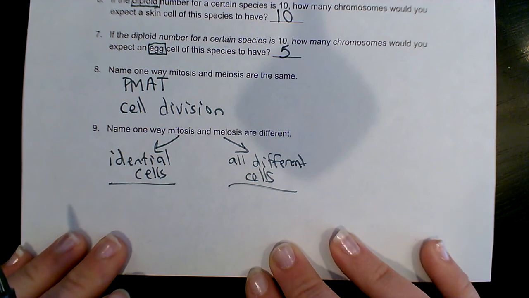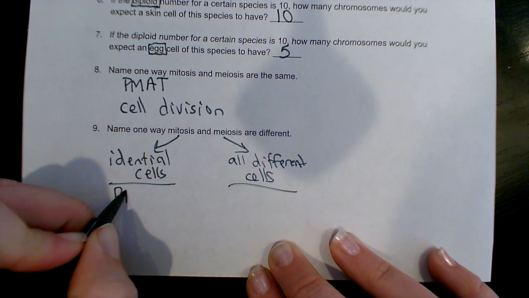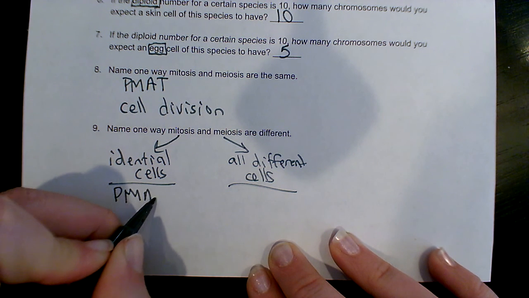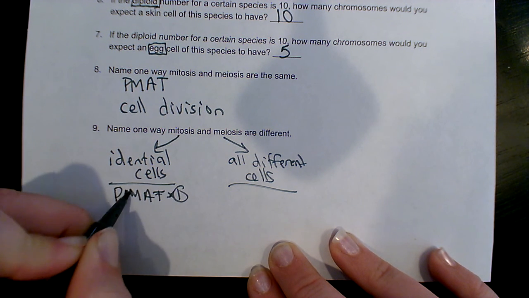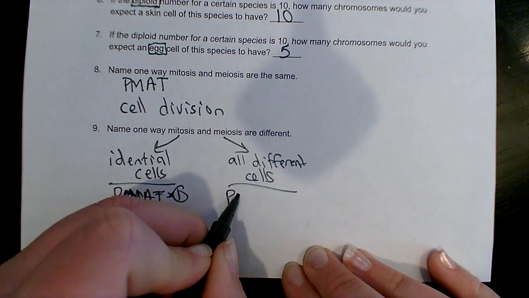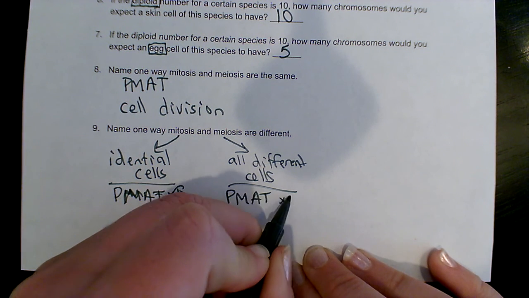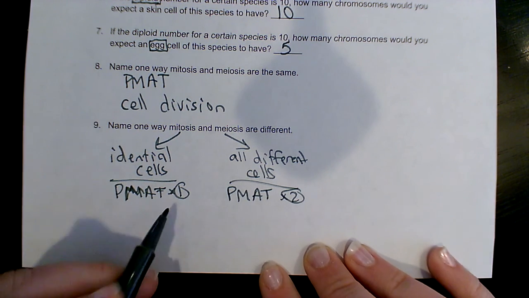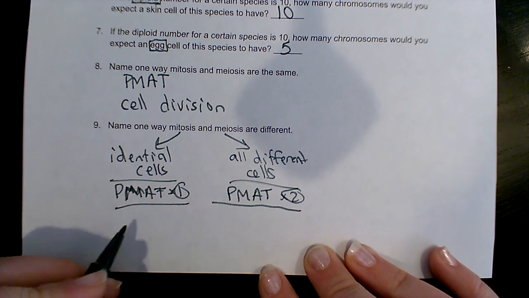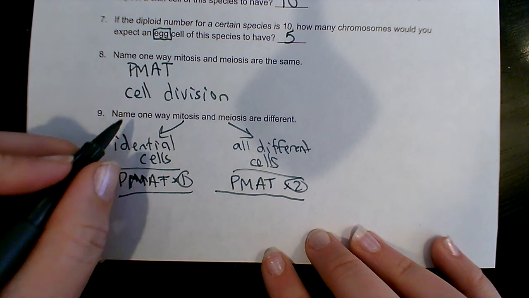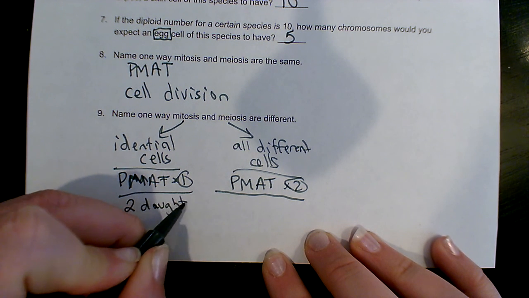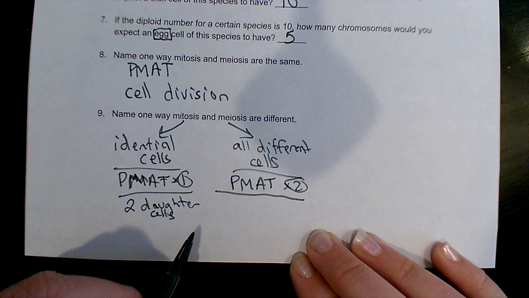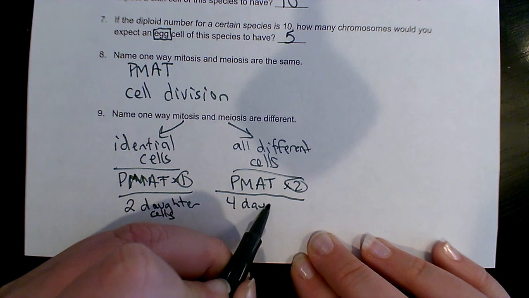We could say mitosis goes through PMAT 1 time, and meiosis goes through PMAT 2 times. We could say mitosis makes 2 daughter cells, and meiosis makes 4 daughter cells.